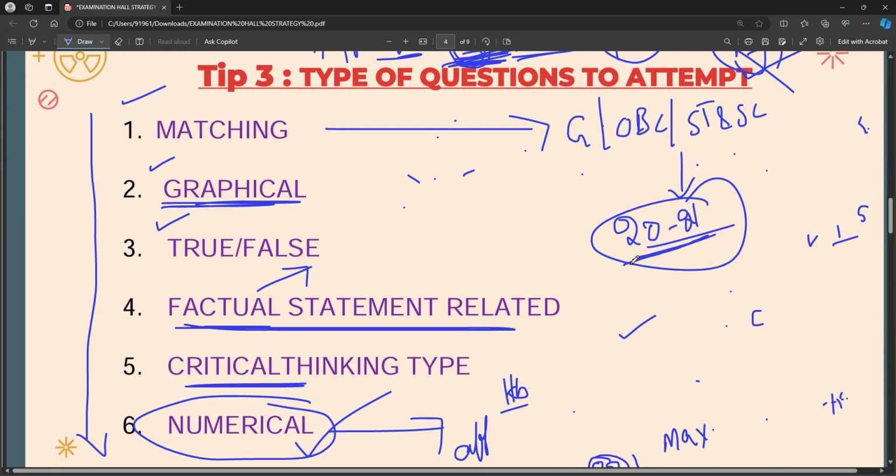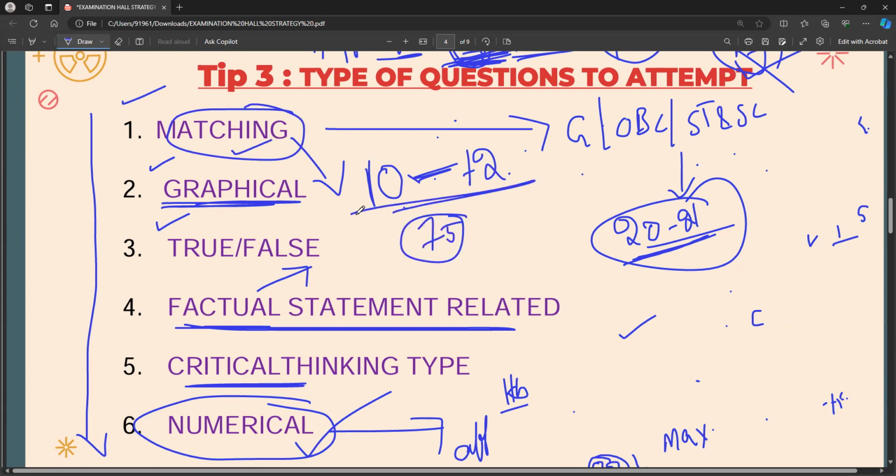Out of these 20 to 21 questions that you have to answer, trust me, minimum 10 questions, maximum 12 questions you can expect in the question paper, especially in Part C, from matching. So out of 75 questions, if 10 to 12 are matching and you answer those, you hardly have to focus on experiment-based questions or true or false statement questions, only 9. This is the biggest advantage to you.